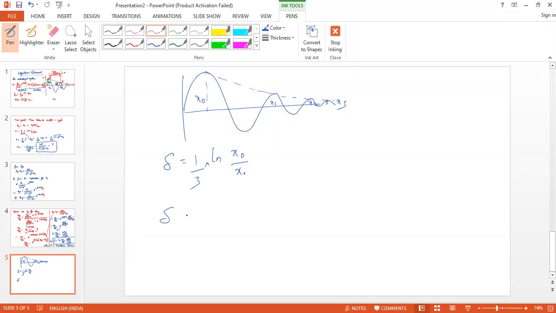Or in a general way, you can say delta is equal to 1 by n ln of x0 by xn. So this is the general form for logarithmic decrement.